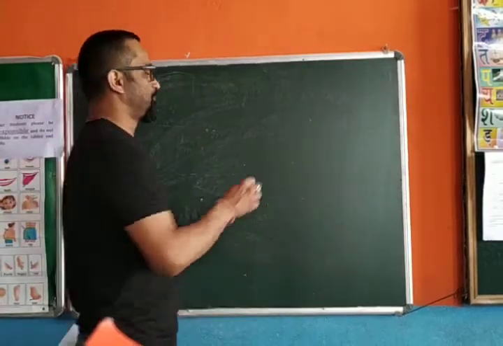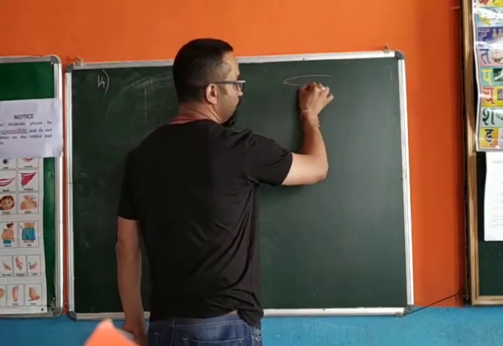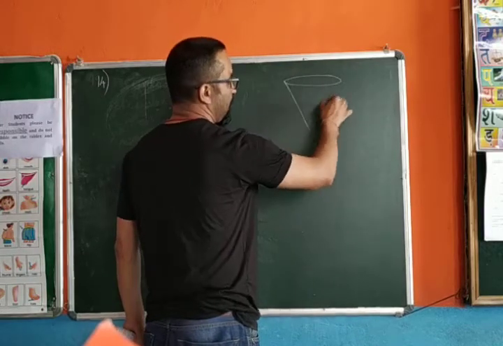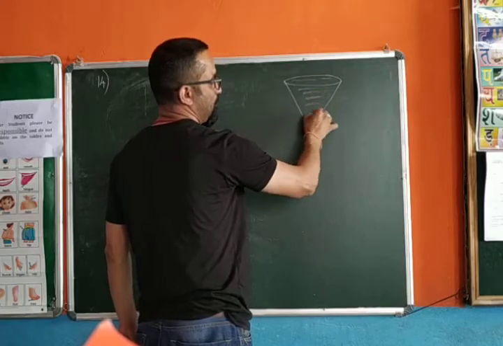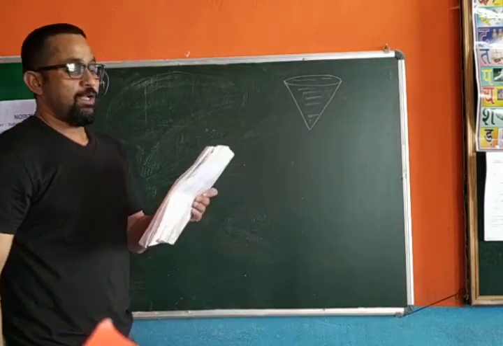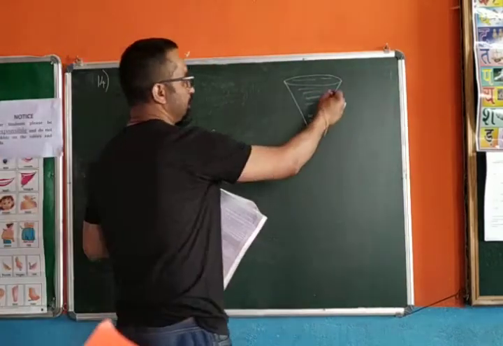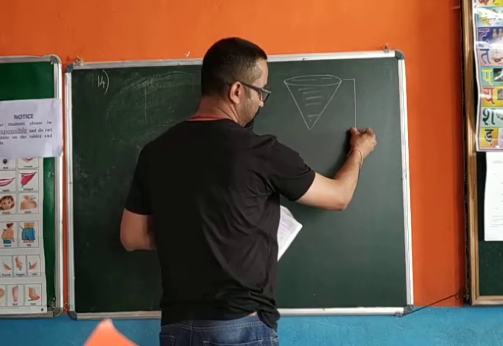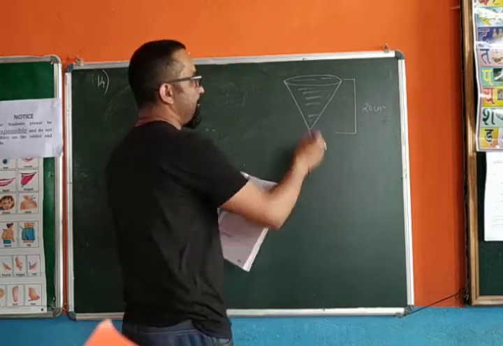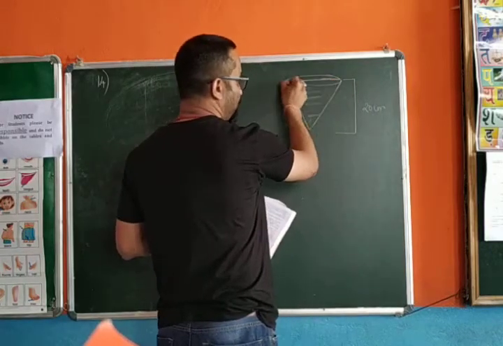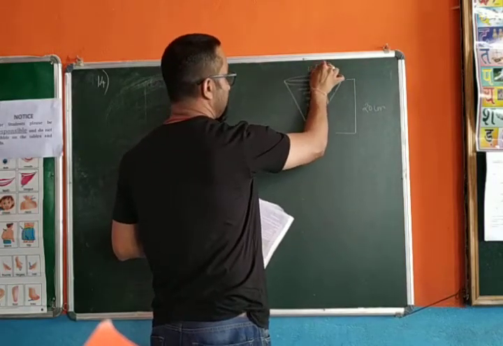A vessel in the form of an inverted cone is completely filled with water. Its height is 20 centimeter. Diameter of the top portion is given 16.8 centimeter.